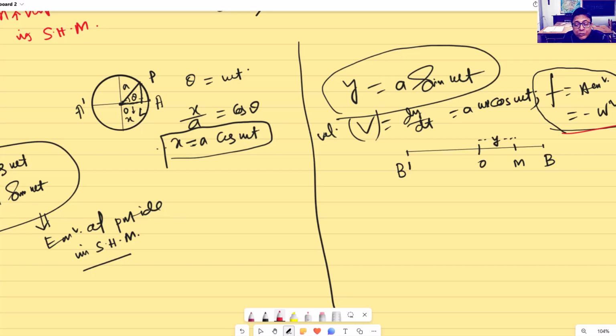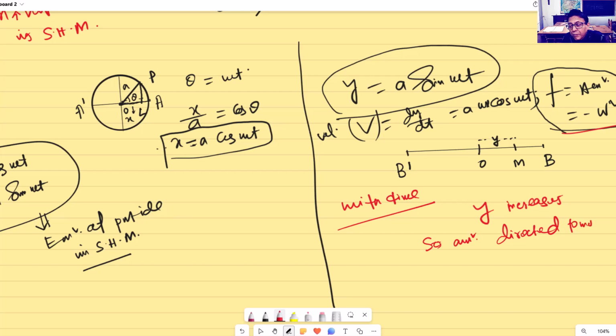So with time, y increases, so acceleration directed towards the mean position also increases, isn't it?